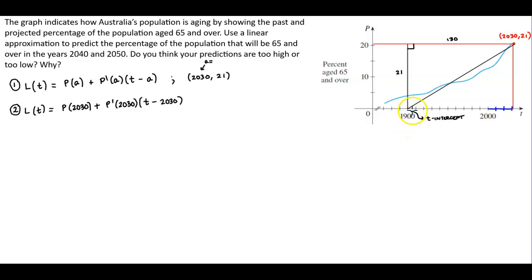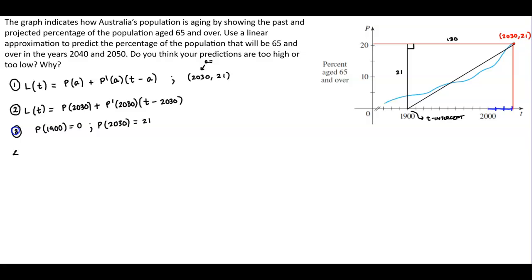We have two ordered pairs on this line: 1900, 0 and 2030, 21. So we know that P of 1900 is equal to 0, and P of 2030 is equal to 21.